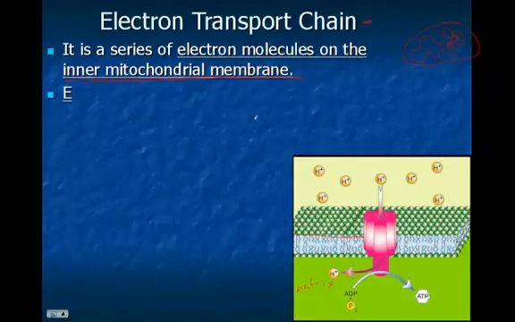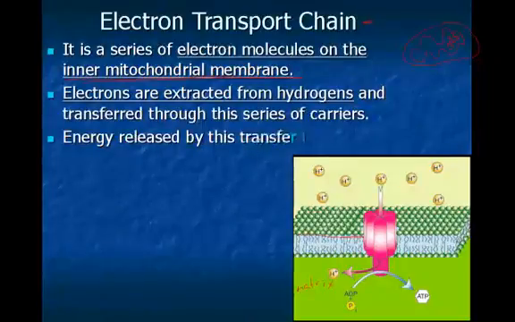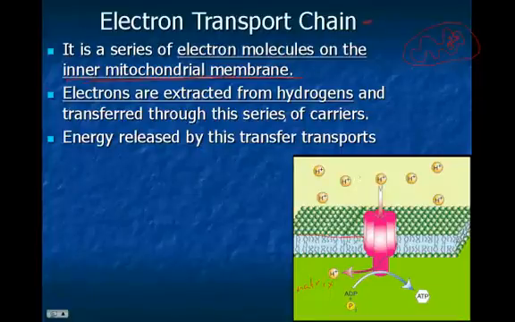So now what's going to happen is these electron carriers, NADH and FADH2, are going to now release their electrons by releasing the hydrogen atoms, or hydrogen ions, I'm sorry.